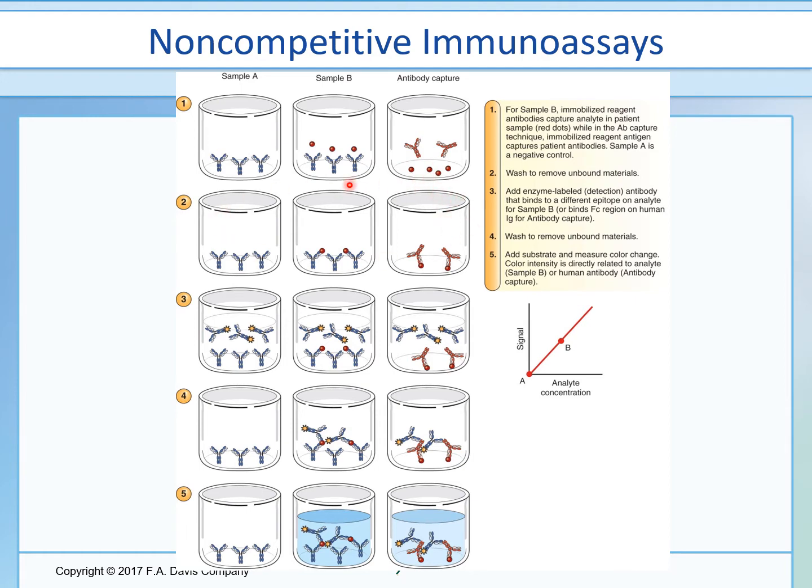The second step of the non-competitive immunoassay involves a wash to remove any unbound materials. In the third step, enzyme-labeled antibody that binds to a different epitope on an analyte is added. So for sample B, it binds with the Fc region on human immunoglobulin in the antibody capture step.